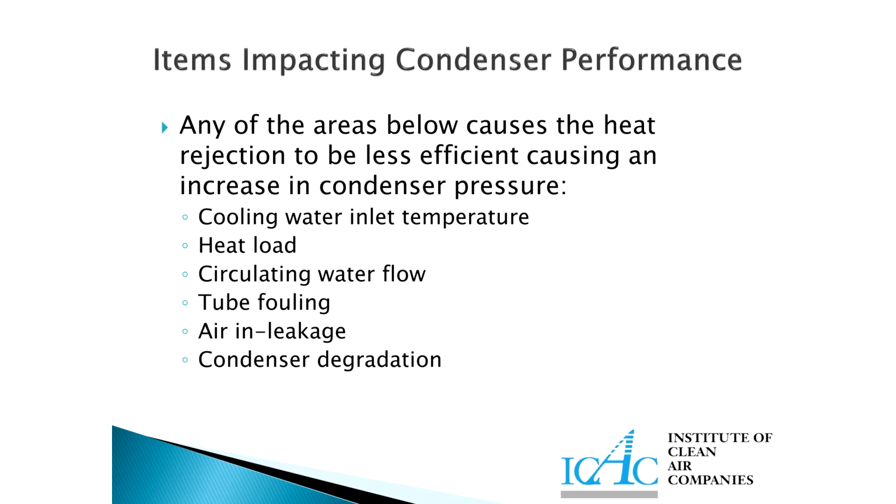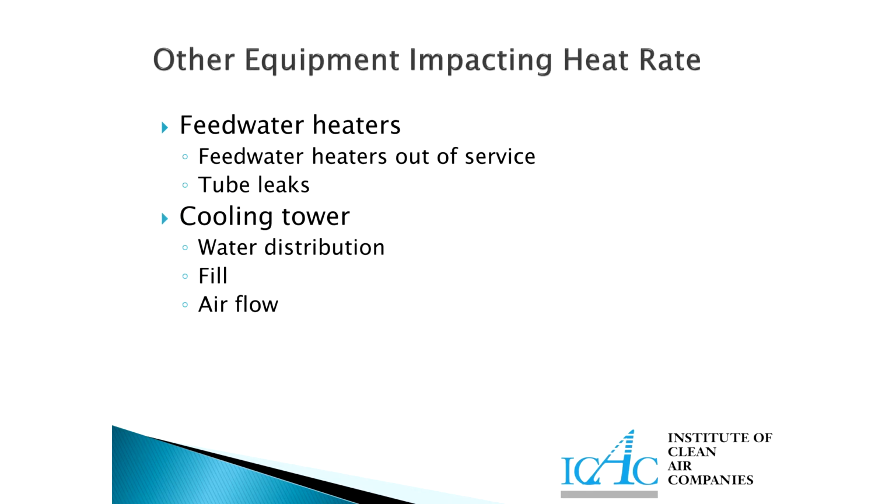The other equipment that impacts the power plant heat rate is feed water heaters. Feed water heaters basically take the water that comes out of the condenser and heat it up using steam that is extracted from the turbine, to a high temperature such that it can be reintroduced back into the boiler.